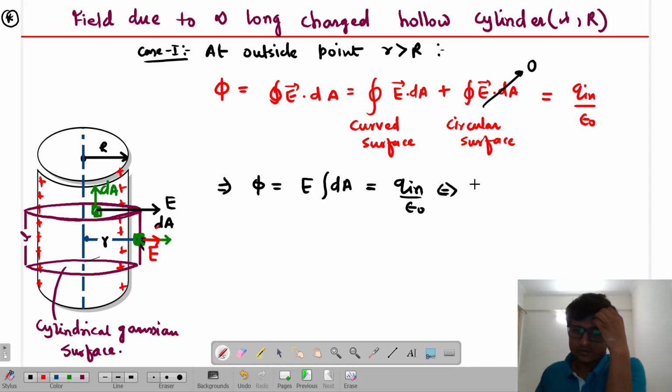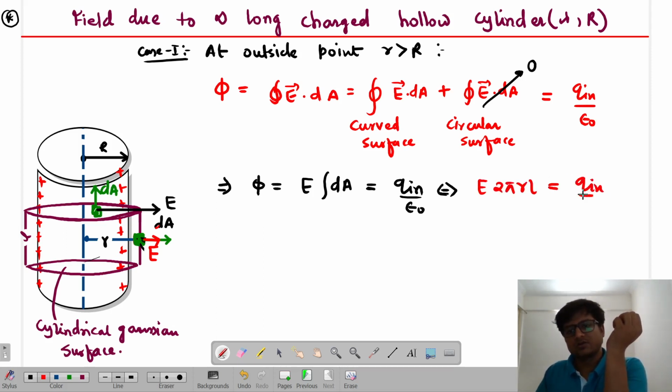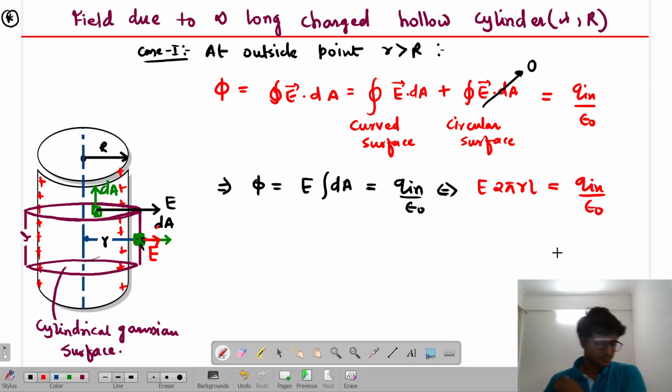So integral dA will give me what? E into 2 pi r L is equal to Q enclosed by epsilon naught. Are you able to get me? So that means I got E is equal to Q enclosed by... but charge Q is not given. I have been given lambda, isn't it? So charge enclosed will be how much?